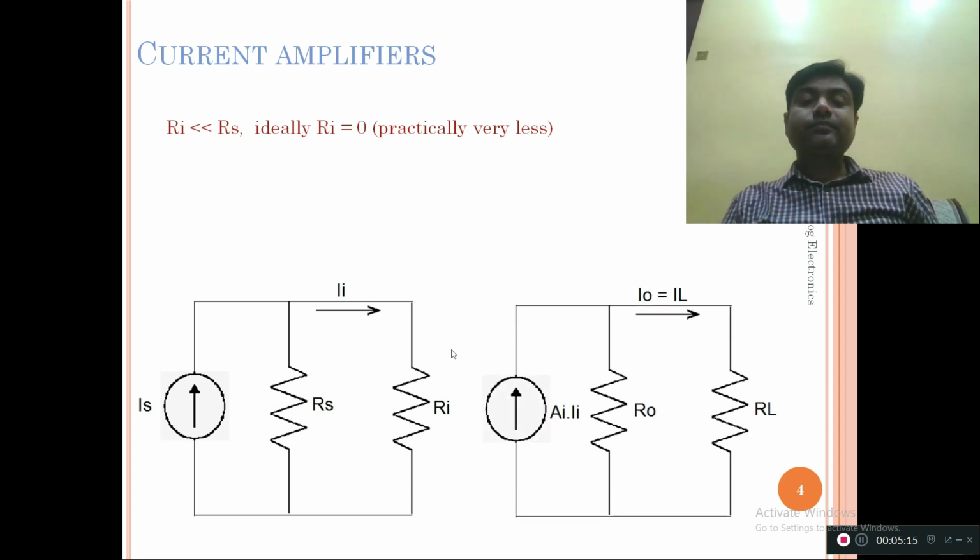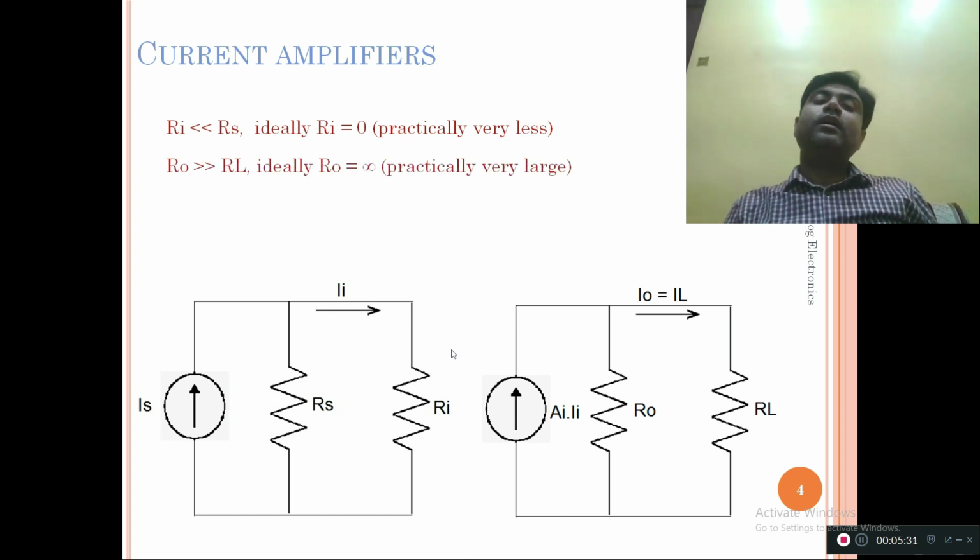Similarly, at the output circuit, when we have Ro and RL, this time we want the load current, or output current, to come across RL. Again, it generates the same kind of condition: the value of RL must be less than Ro, or in other words, Ro must be higher than RL.